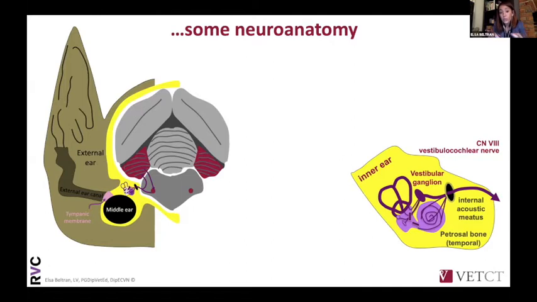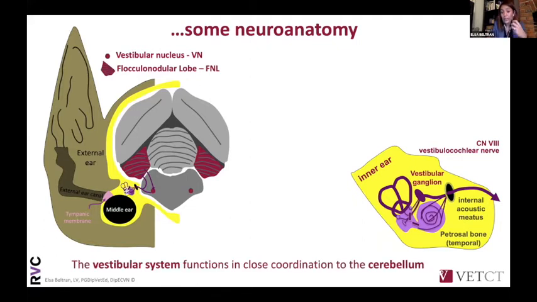But information that comes from the inner ear will also go to a particular part of the cerebellum called the flocculonodular lobe. So the cerebellum is also involved in the vestibular system, and there is a close relation between the function of the vestibular system and the cerebellum. This is why with cerebellar lesions, we can also have clinical signs associated with vestibular dysfunction.